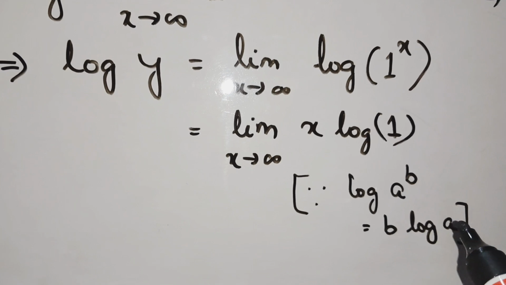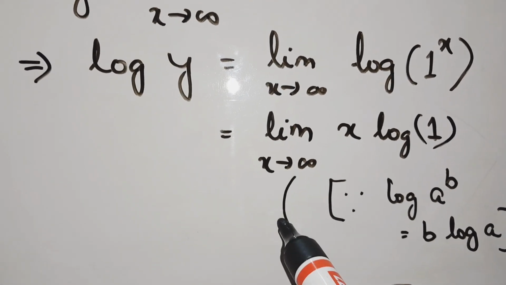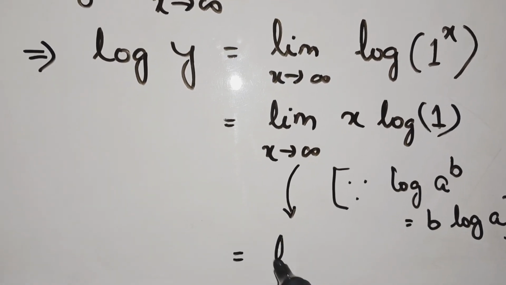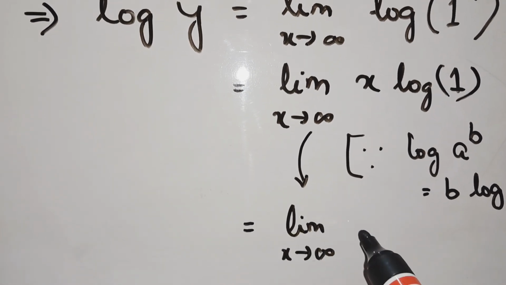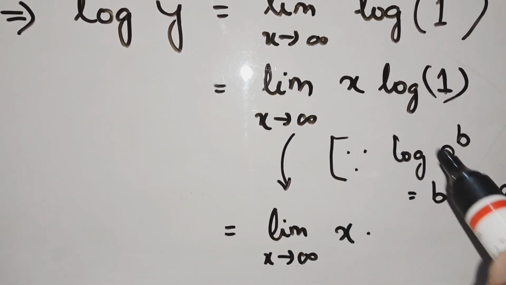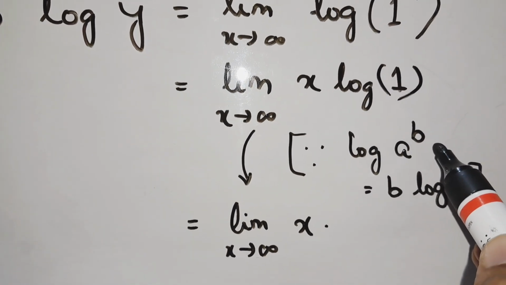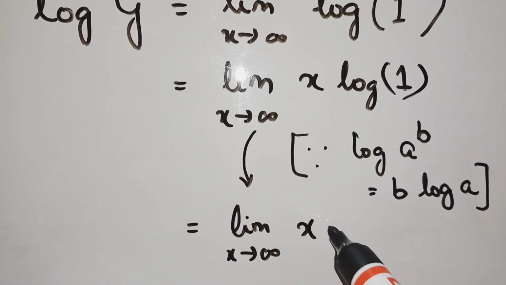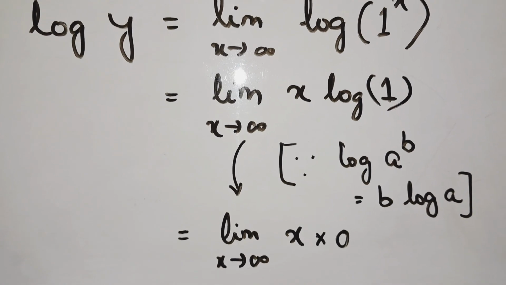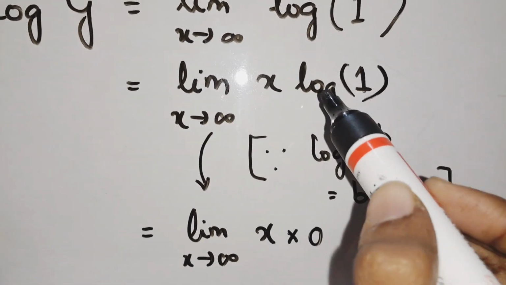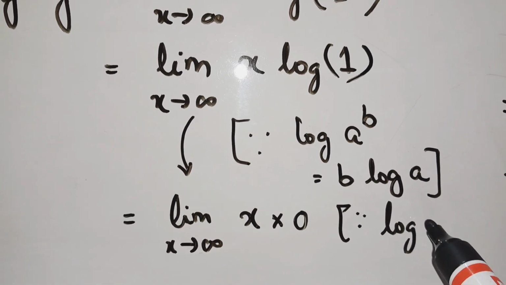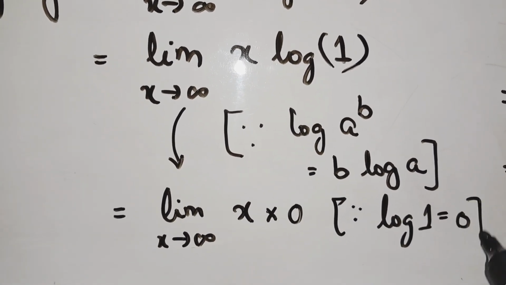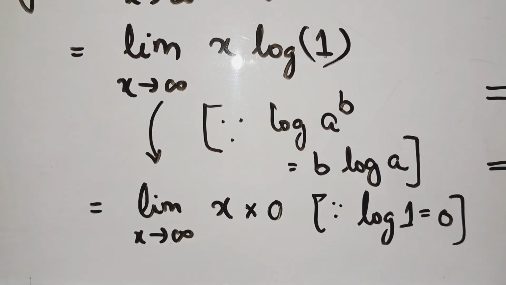Okay, after using this property, limit x tending to infinity x into log of 1. Log 1 is nothing but 0. Okay, that you must remember: log of 1 is nothing but 0 and log of e is nothing but 1.